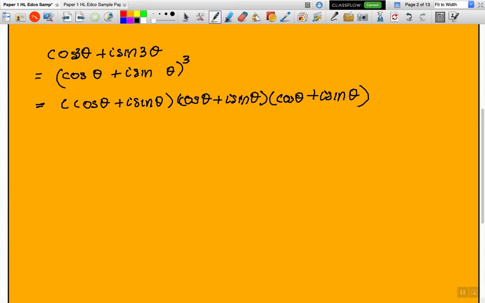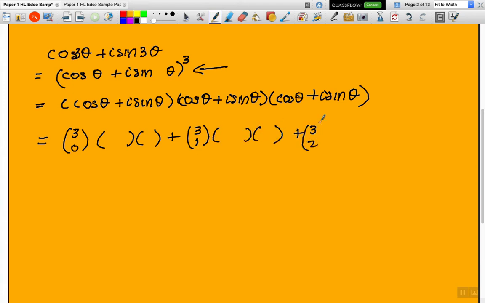Or you can use the binomial, and the binomial says that you've got 3c0 bracket plus 3c1 bracket plus 3c2 bracket plus 3c3 bracket. Then you need to make reference to the formula book.